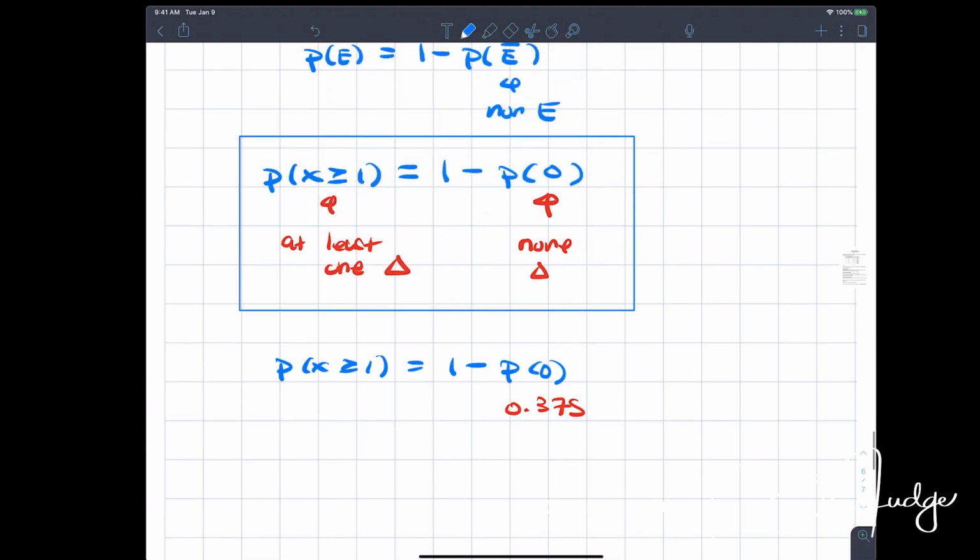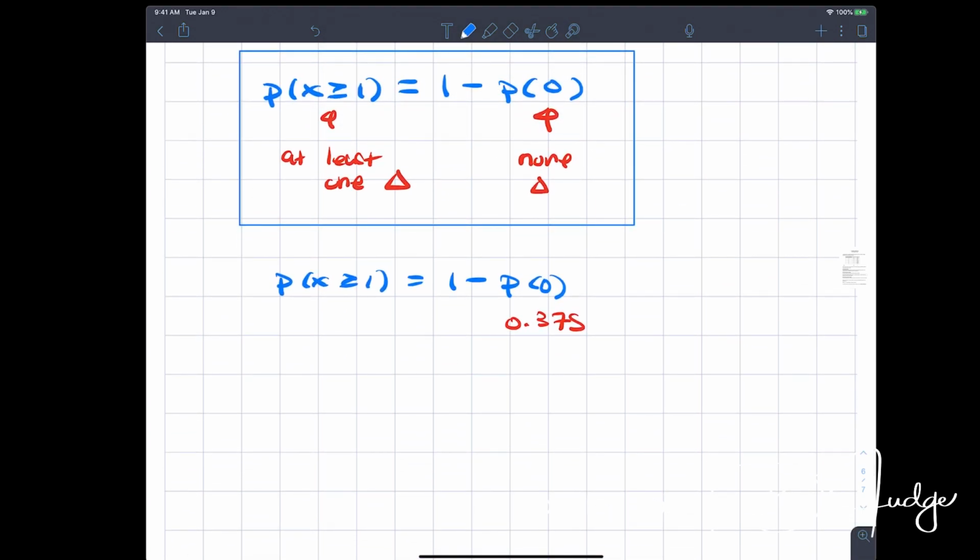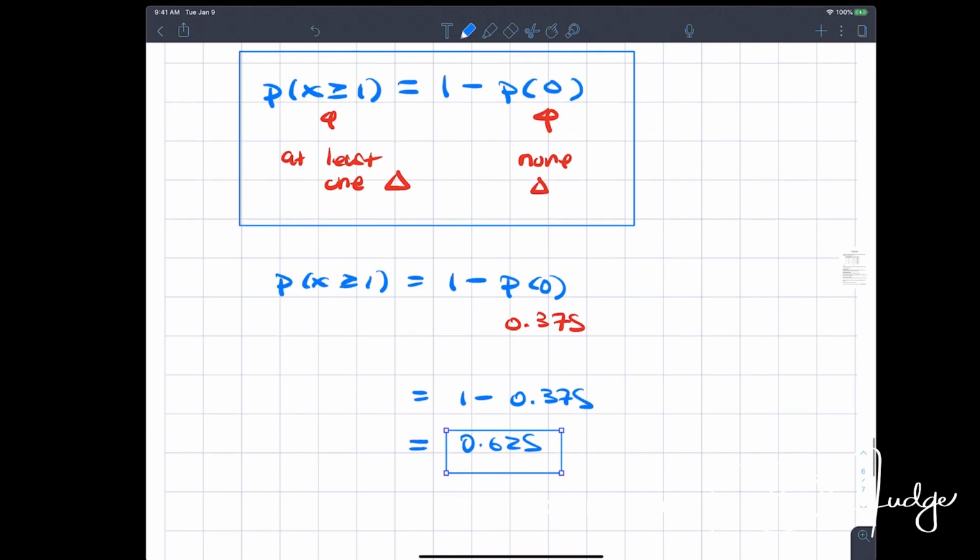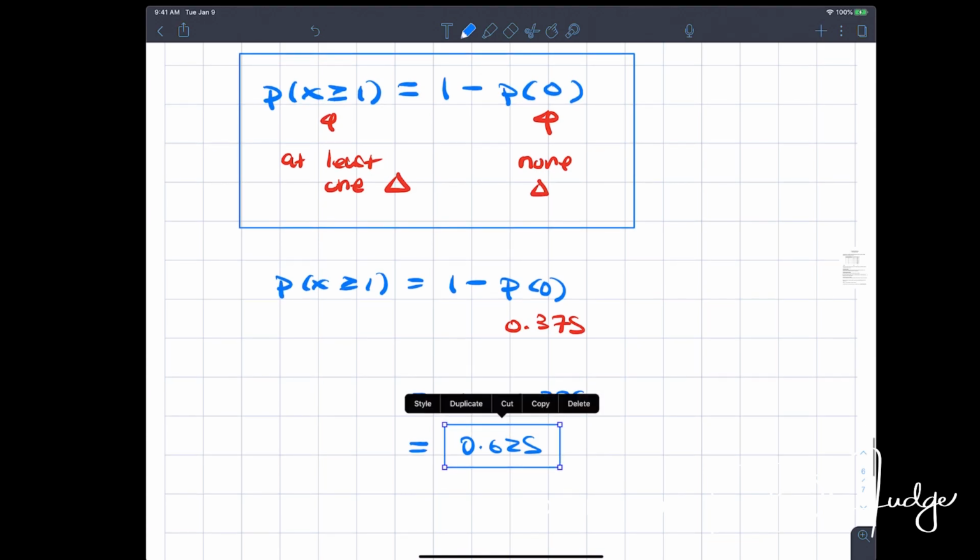So we can say this is equal to 1 minus 0.375. And if you guys know, that's 0.625 here. All right. You guys okay with that? Which again is 62.5%.